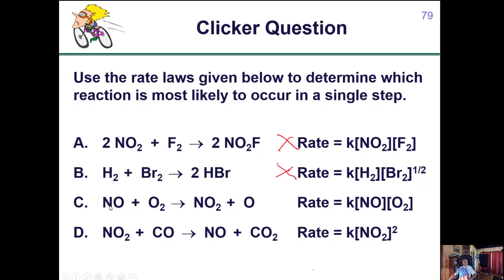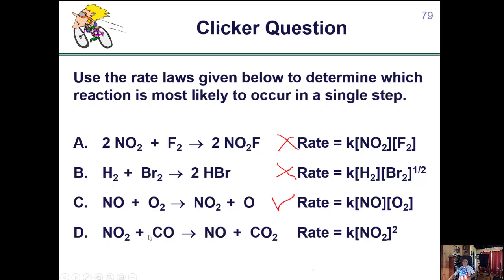But let's take a look at NO. We've got a coefficient of 1 for NO, a coefficient of 1 for O2. We've got an order of 1. So we're unimolecular in NO, we're unimolecular in O2. Our exponent is 1. We're first order in NO, first order in O2. That is definitely a match.